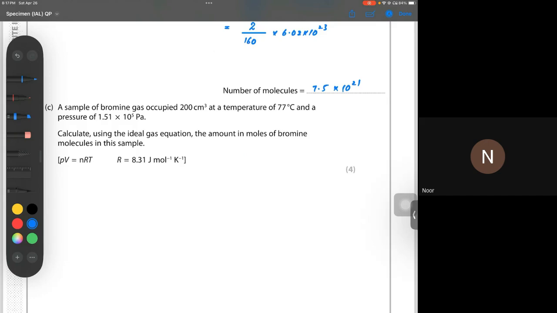PV is equal to nRT. We have to calculate the moles, so n is equal to PV over RT.